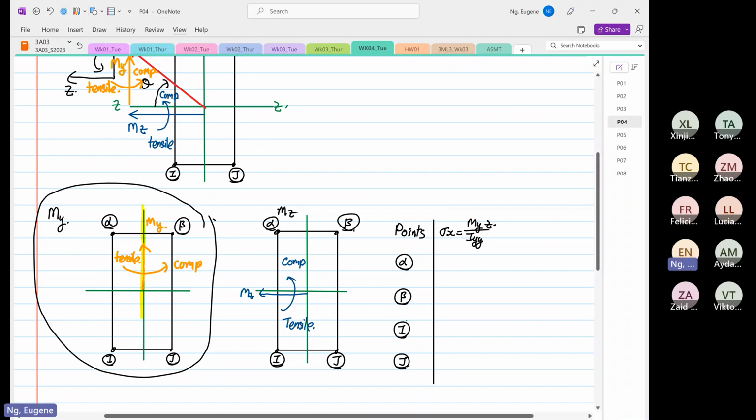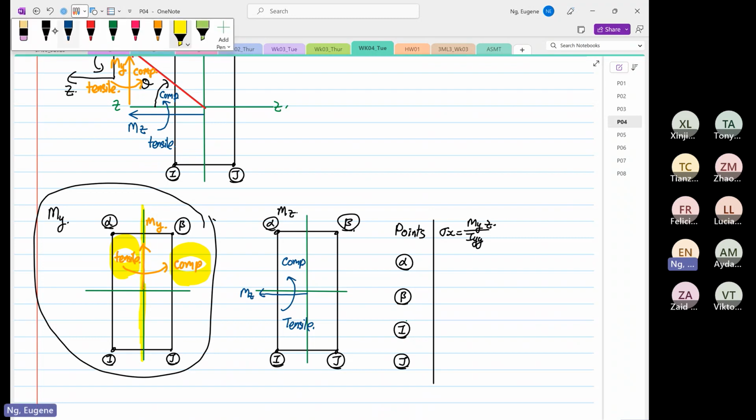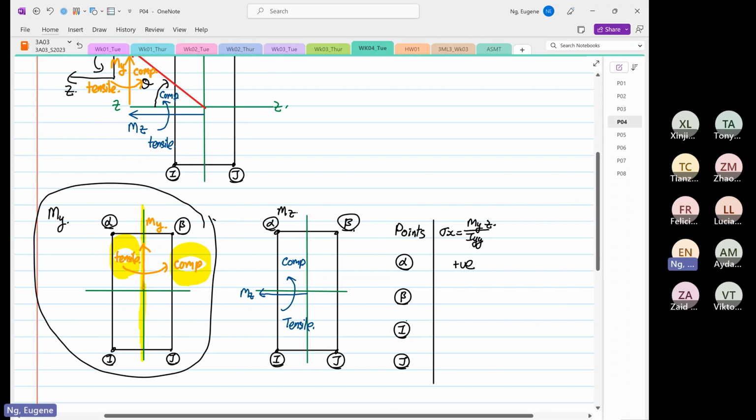This is the axis which My is applying on. Anything on the left hand side is going to be tensile. Anything on the right hand side of the vertical axis, about the y-axis, is in compression. So alpha is going to be positive, tensile. Beta is going to be compression, negative. I is going to be tensile, positive. J is going to be compression. This is very obvious.